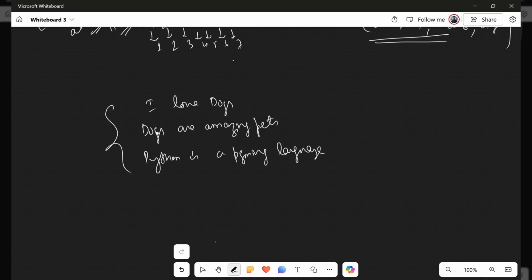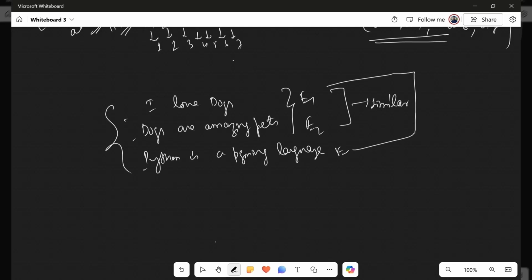So here I have three sentences. The first two sentences, let me call them E1 and E2, will be similar to each other because they give almost the same meaning, or they are closer to each other. While the first sentence and the third sentence are different from each other.